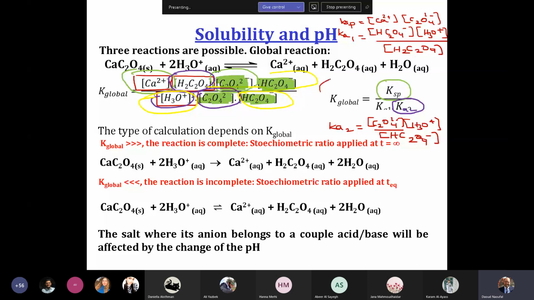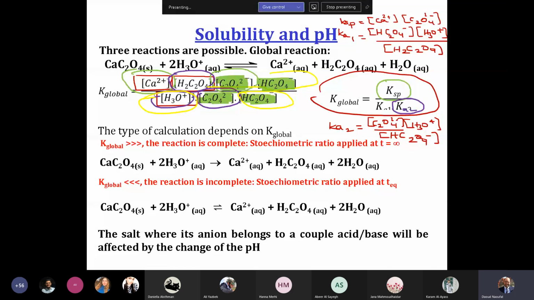So K global, if you put the KSP, Ka1 and Ka2 expressions, you obtain K global equals KSP divided by Ka1 times Ka2. So we calculated K global.